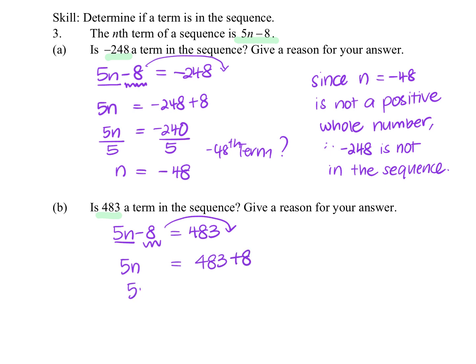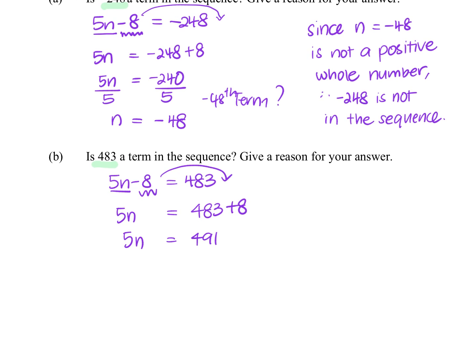So 5n is equals to 491, and then I'm going to divide by 5, and I get the number 98.2. Do I have something called a 98.2 term?